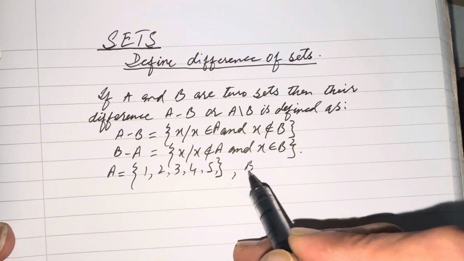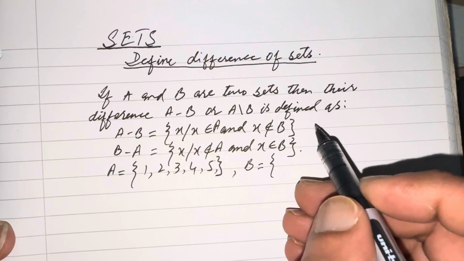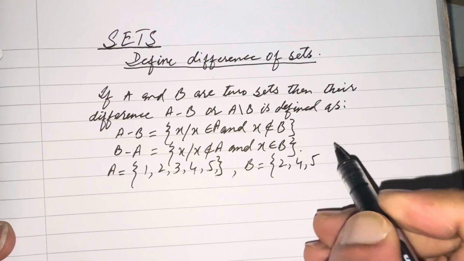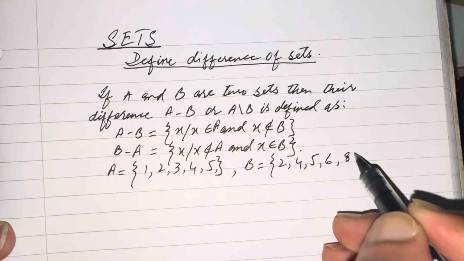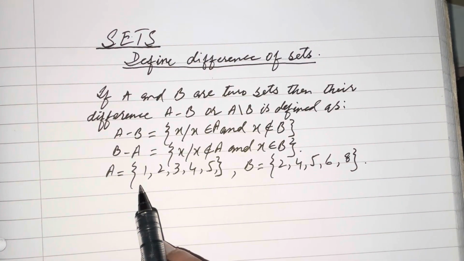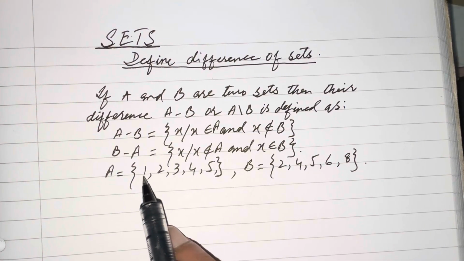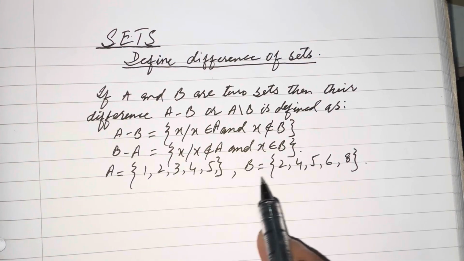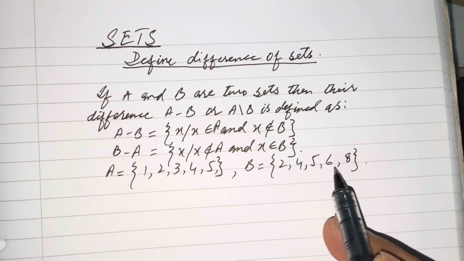And suppose that set B is equal to 2, 4, 5, 6, and 8. So that is the example that we are going to take to understand how we can find the difference of the sets. So set A is given with the elements 1, 2, 3, 4, and 5, and B is 2, 4, 5, 6, and 8.